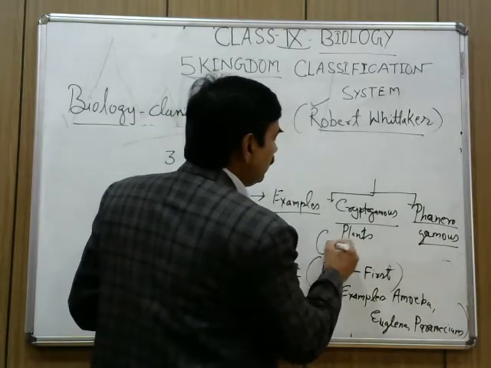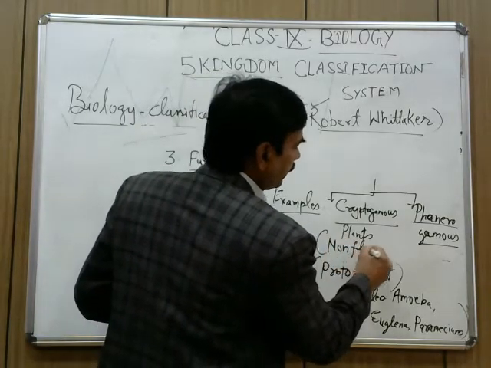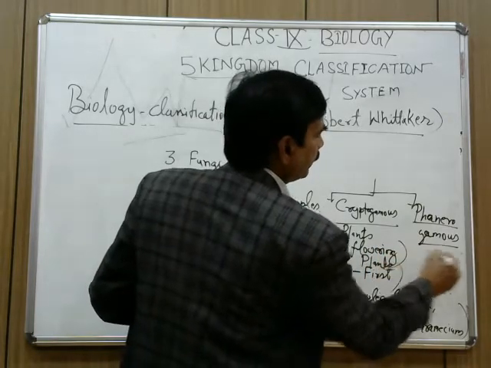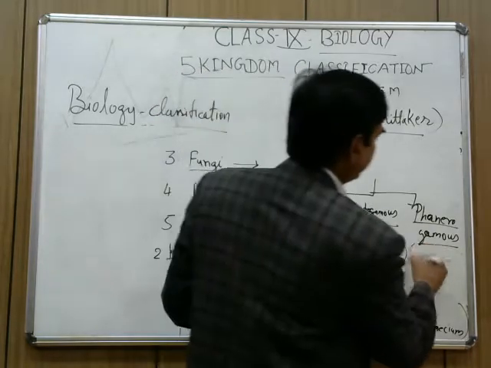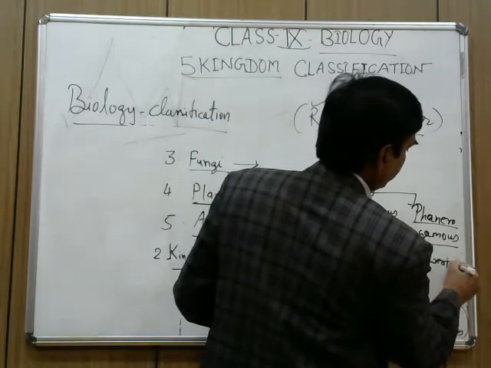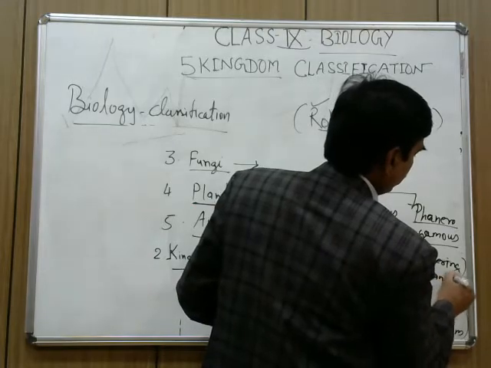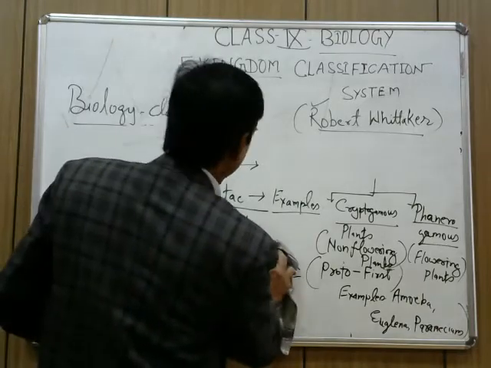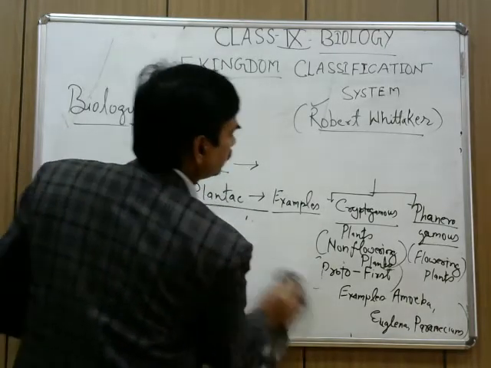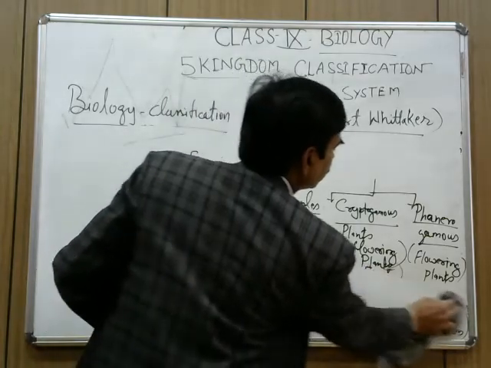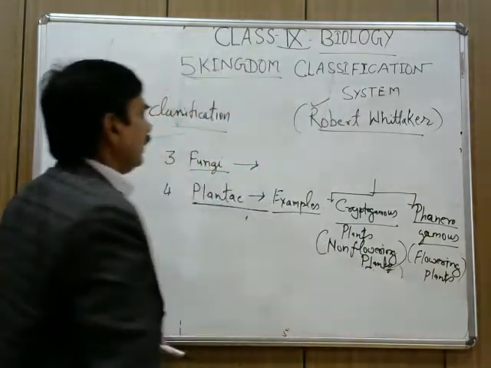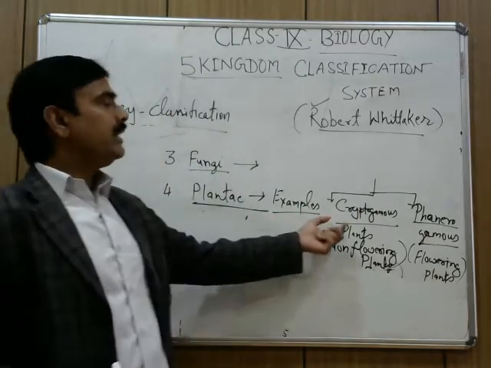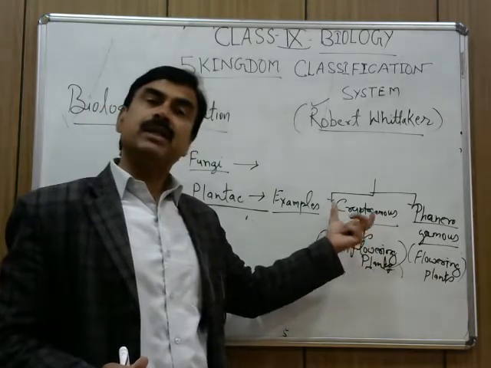So cryptogamous, non-flowering, and phanerogamous, flowering. Got my point? When we start the plant kingdom, we divide into 2 groups, phanerogamous and cryptogamous.